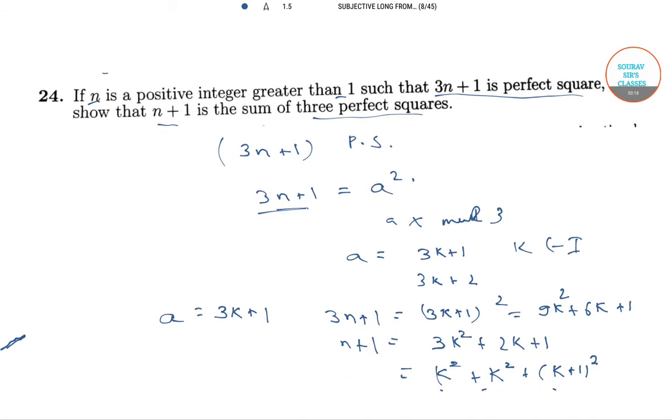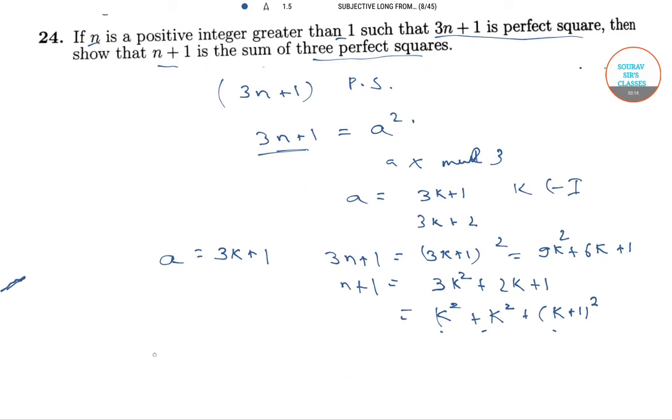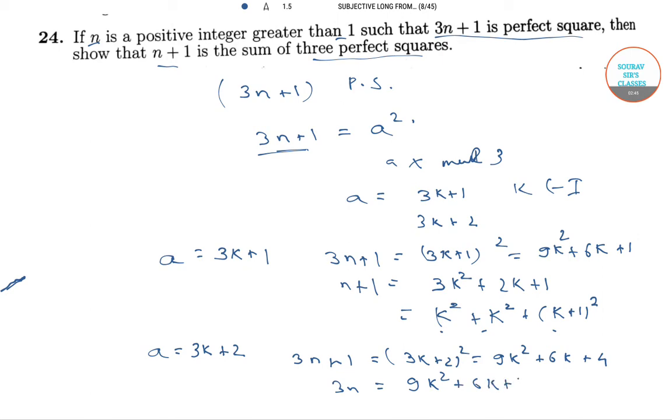perfect squares. Now for the second case, that is a equals 3k plus 2, we have 3n plus 1 equals (3k plus 2) square, which equals 9k square plus 6k plus 4, or 3n equals 9k square plus 6k plus 3.